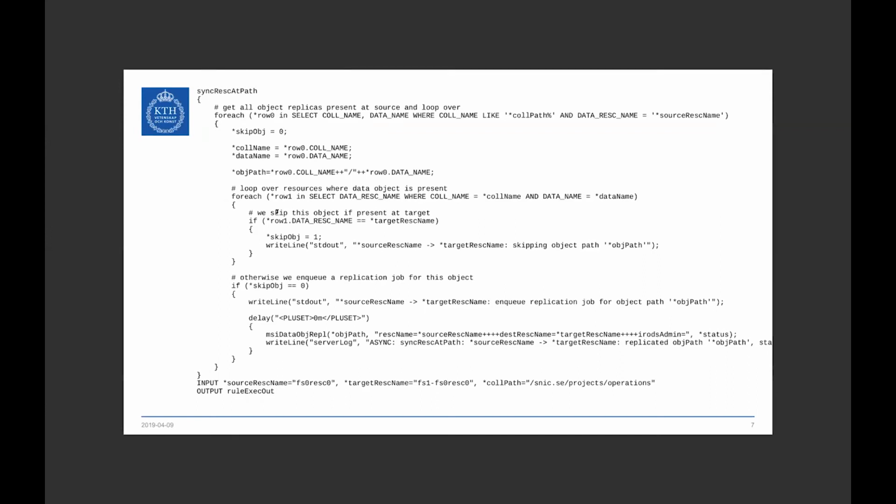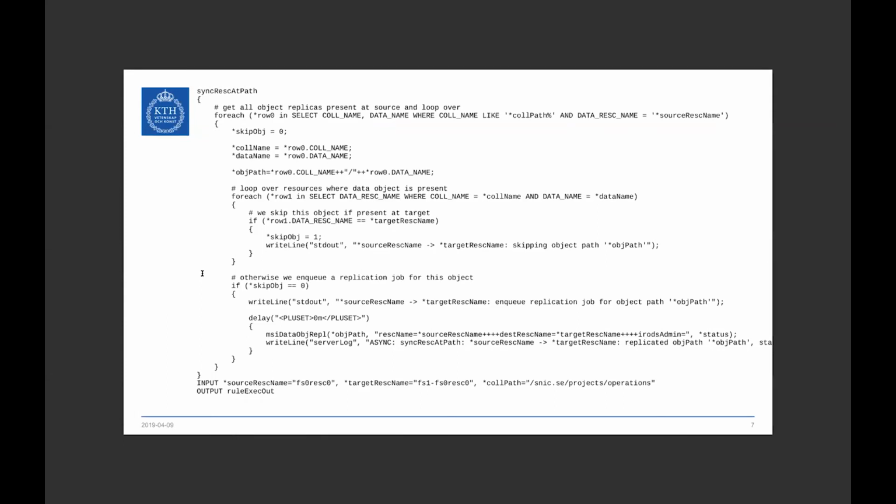So after you discover if the object is the one that you want to replicate, you either skip it or don't. And if you decide to not skip it, we invoke the replication microservice and enqueue the job. And basically, this is the way we replicated about 3.2 million objects. So there was in total about 3.2 million jobs.